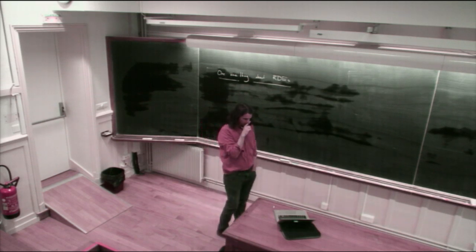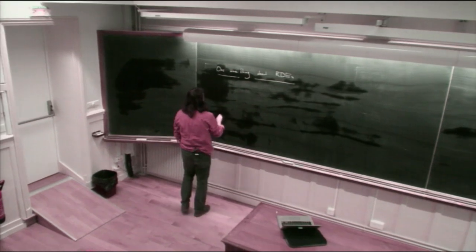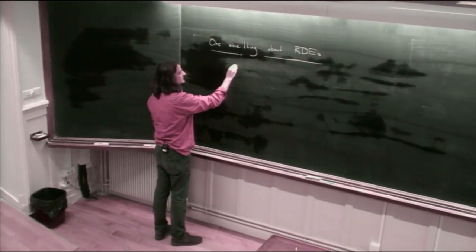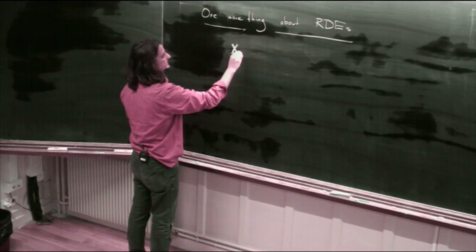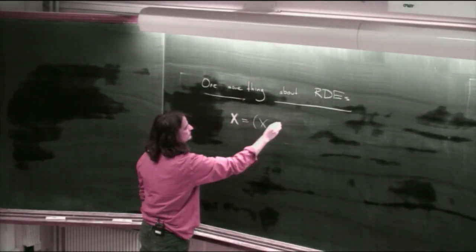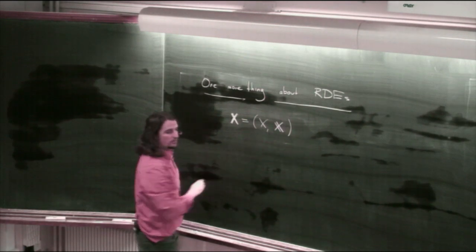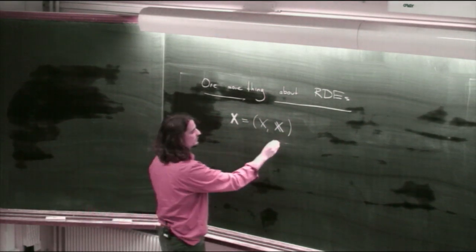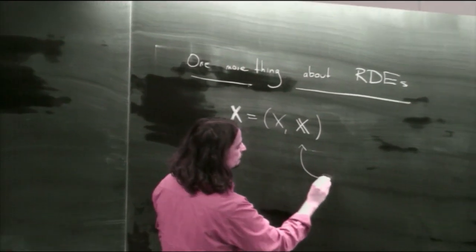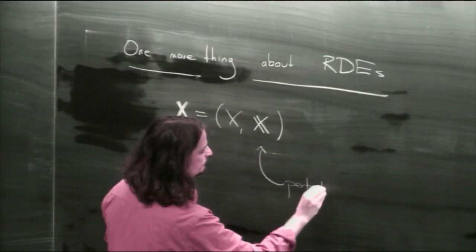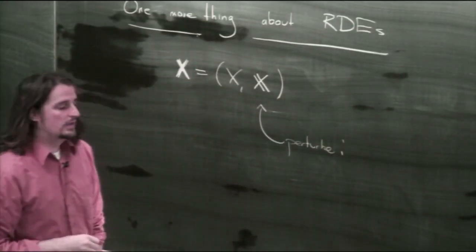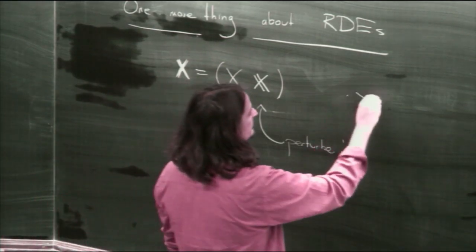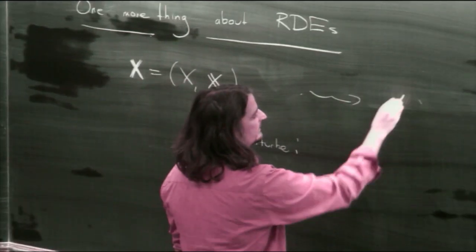So if you take a rough path X and now you perturb just the second order information, let me make this concrete.